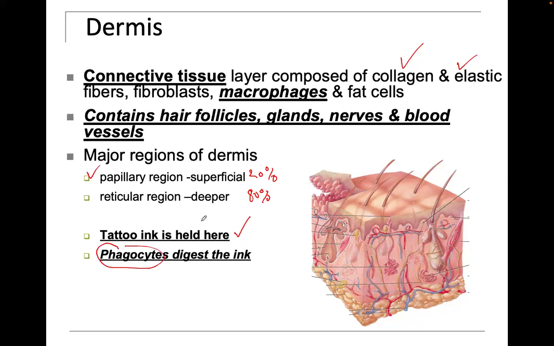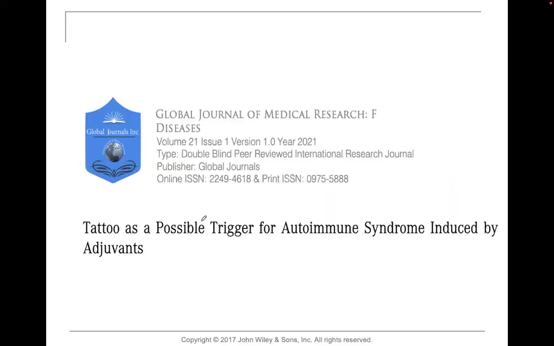And there is some leading research showing now that when people get tattoos, there are some people that are very sensitive and genetically predisposed, where since it upregulates the immune system, it can cause autoimmune syndrome in many people.